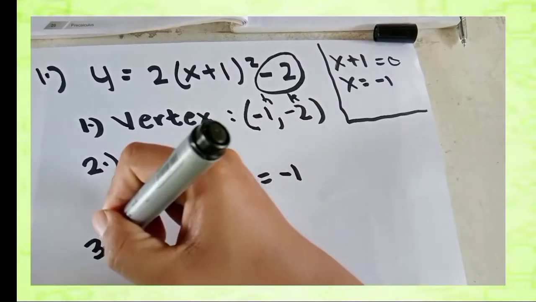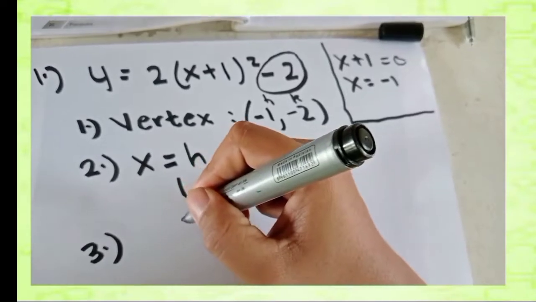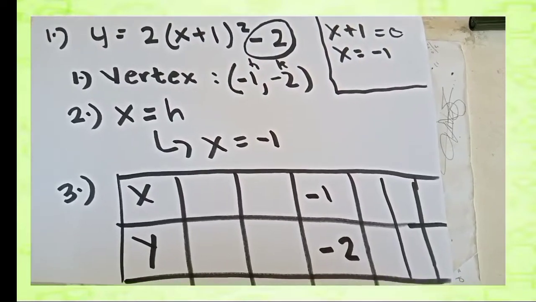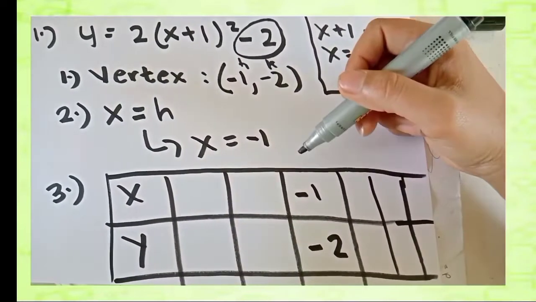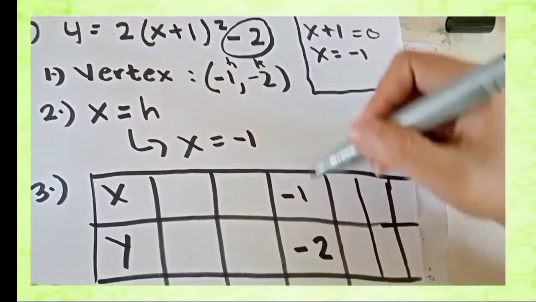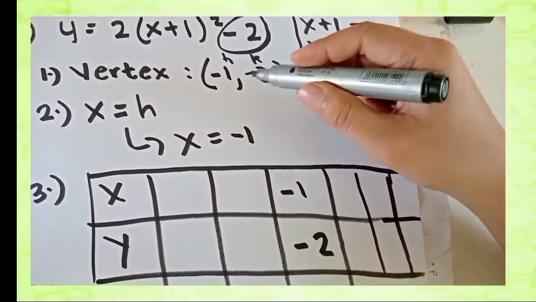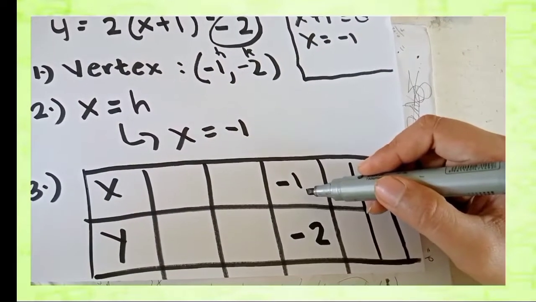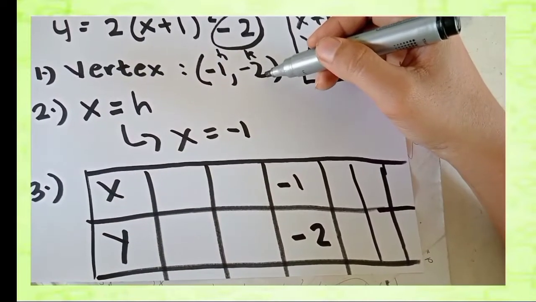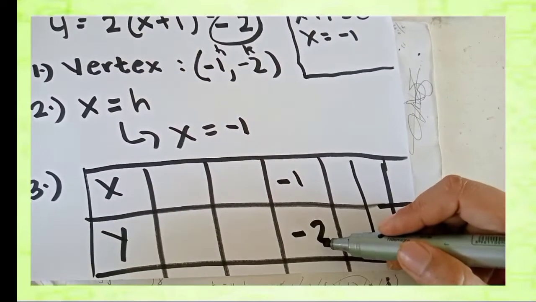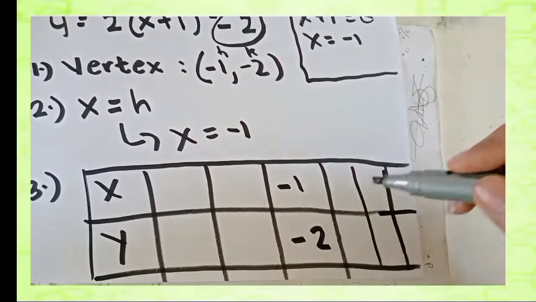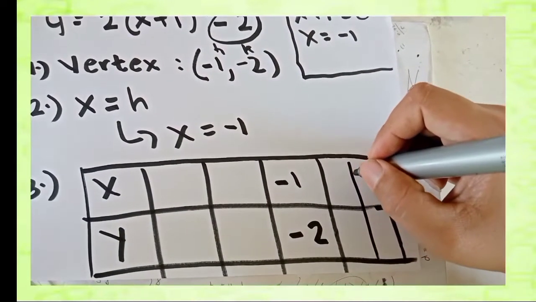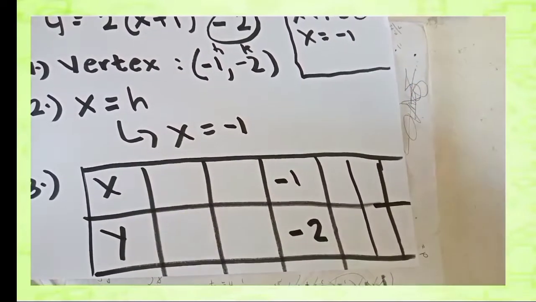step, we have to create a table of values. Okay, we have now a table of values. First step is write the vertex. We have negative 1 yung x, then negative 2 yung y or h and k. Afterwards, add values from the right.